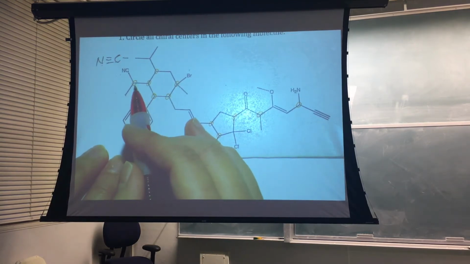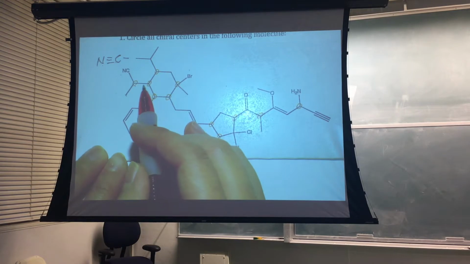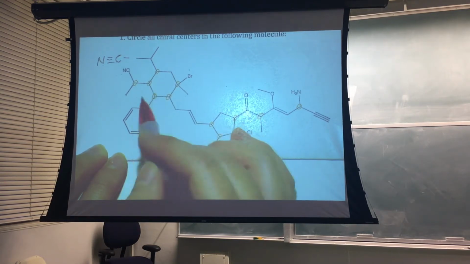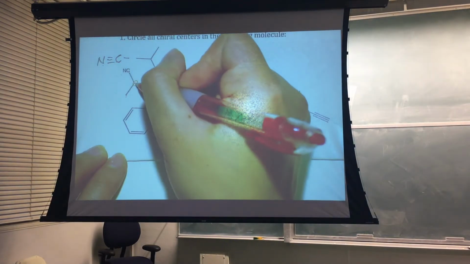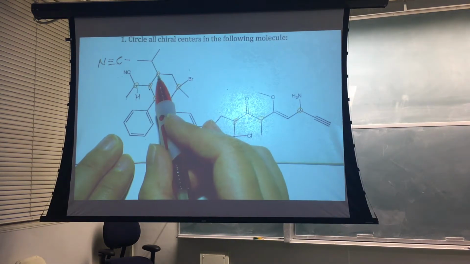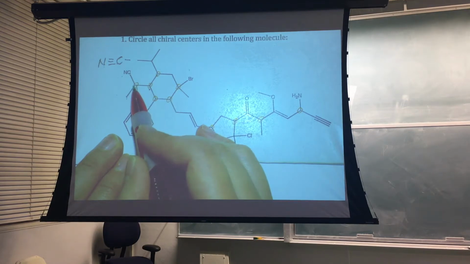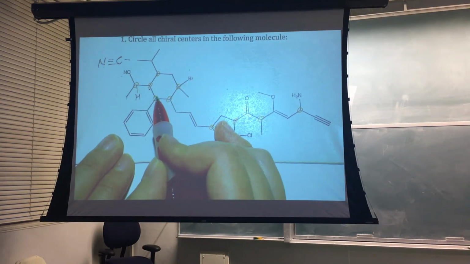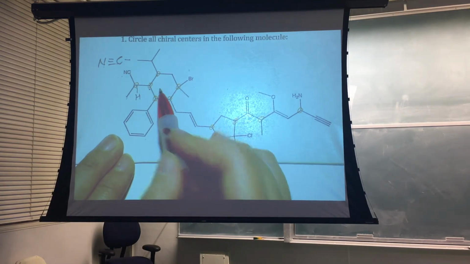And then this carbon is, because one of them is a bunch of whole things. And then this is a methyl, a cyano, and there is a hydrogen. And this one is also a chiral center, because those parts are not identical to this part. And it has a hydrogen, which isn't drawn.